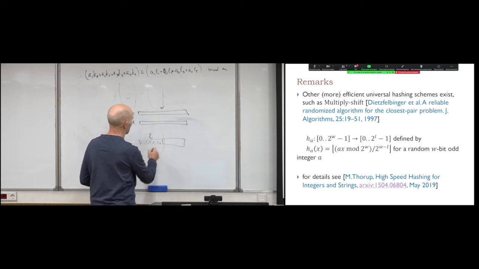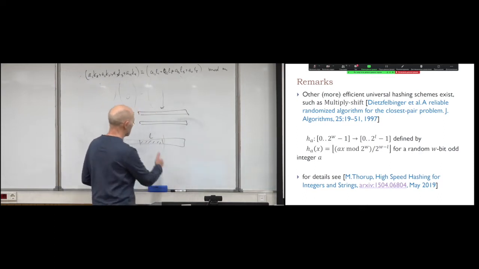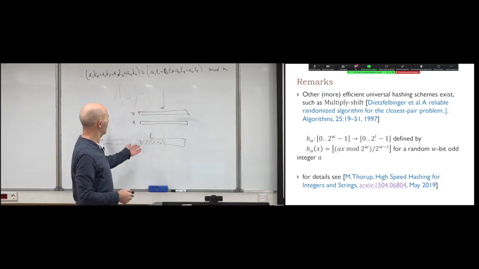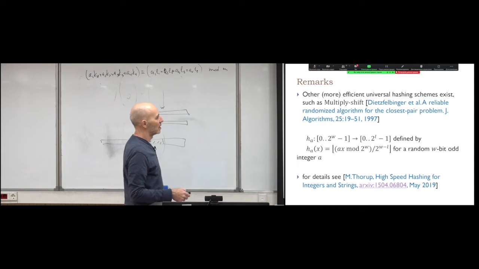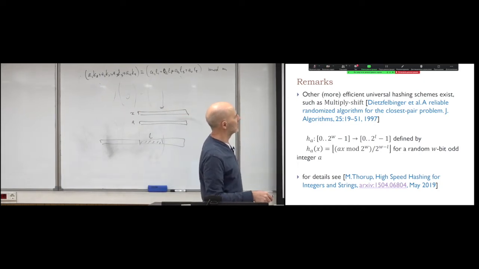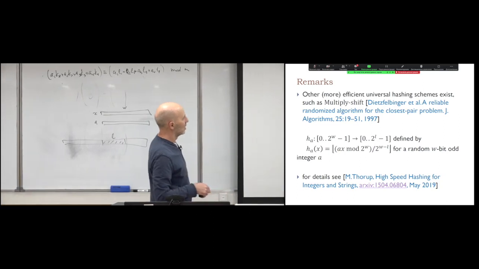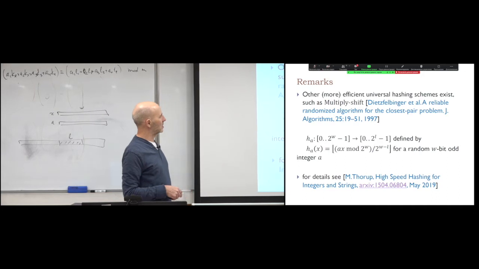And this will be our hash. As simple as this. And it seems that this works very well. This is very easily implemented by bit shift operations. And it seems that in practice this works very well and represents a universal family.